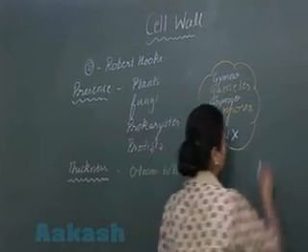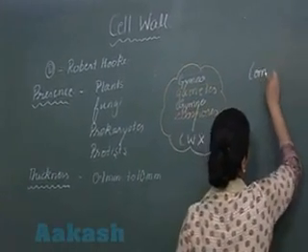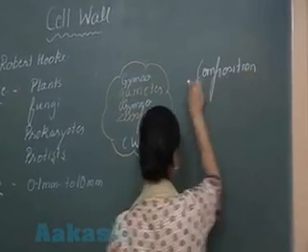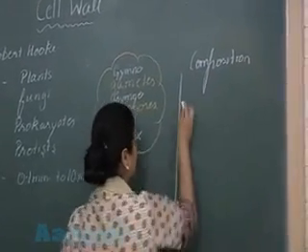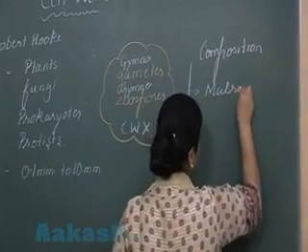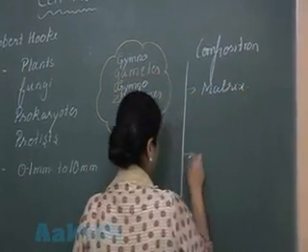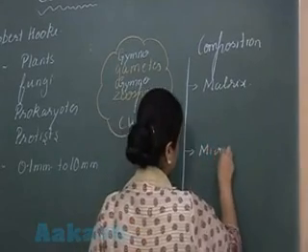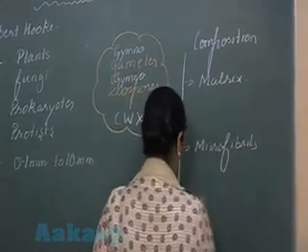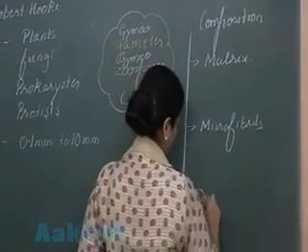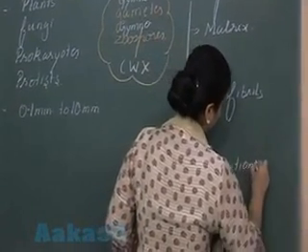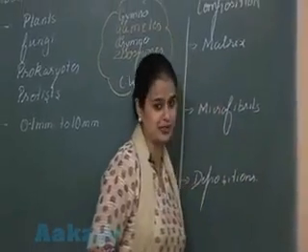Inside the cell wall, 3 components are present. 3 main components. One is the matrix, then microfibrils, and the third one, that is the depositions, which can be present or can be absent.